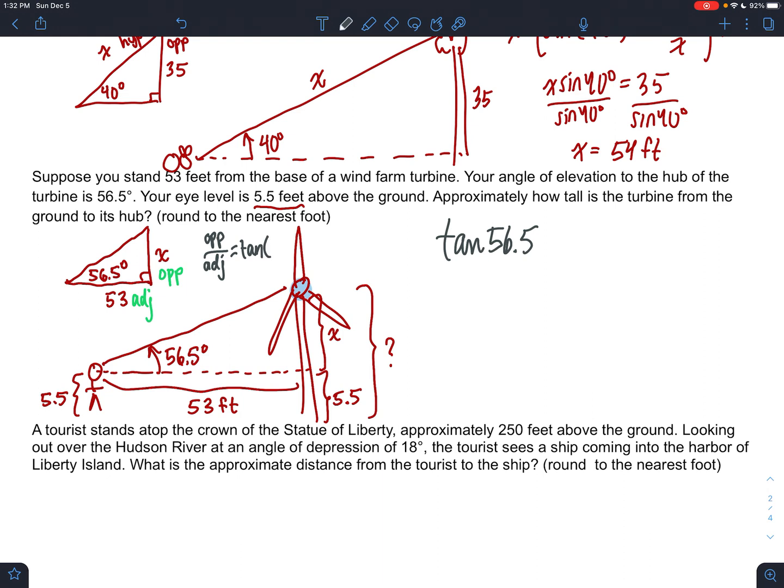Opposite over adjacent is tangent of the angle. So opposite is x, adjacent is 53, and x is just one step away from being solved. We'll multiply both sides by 53.